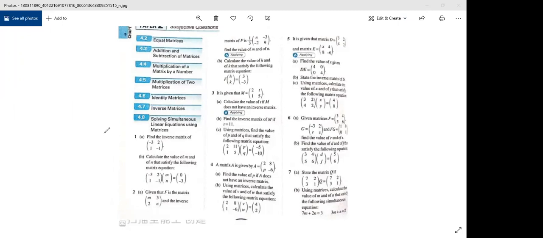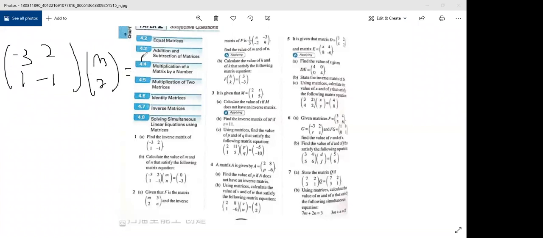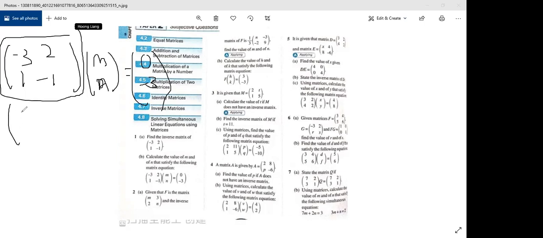So next one. Calculate the values of m and n that satisfy the following matrix equation. This one is like a simultaneous equation, but using the matrix way. So you can see mn equals 0, -3. The first step is to move this matrix to the right hand side to become the inverse matrix. What is the inverse matrix?